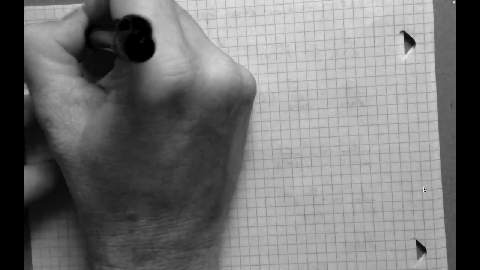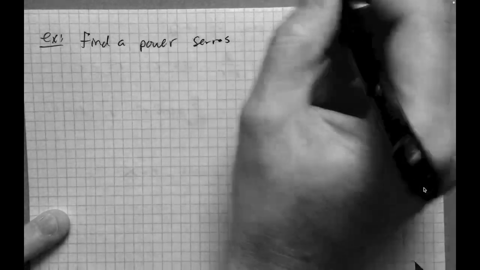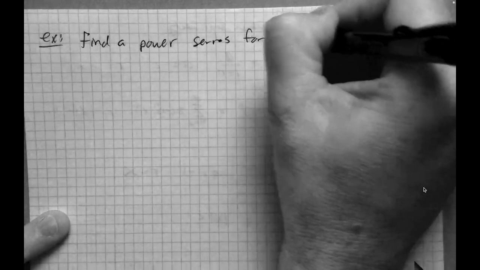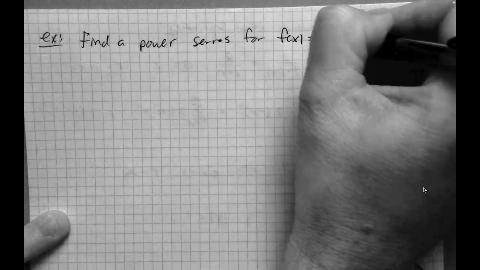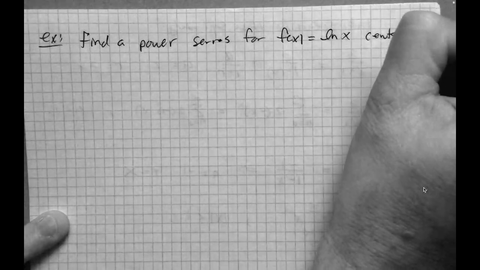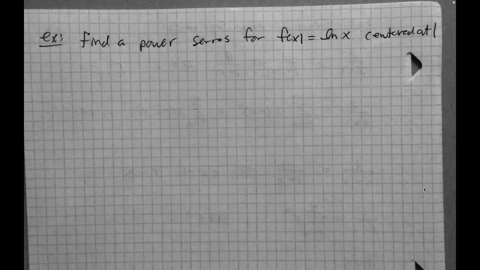So let's find a power series for a particular function f of x equals the natural log of x, and we're going to center it at 1. Okay. So this is the example.